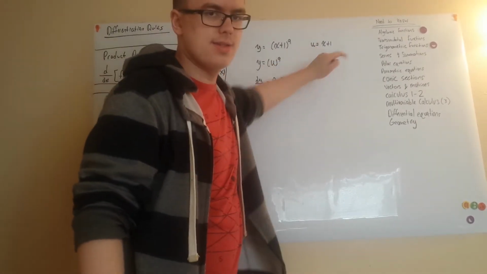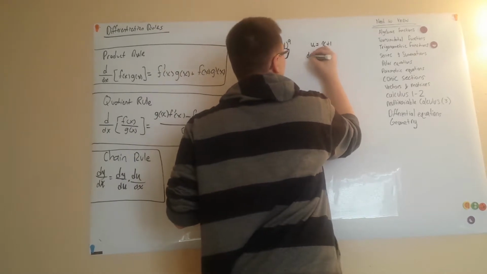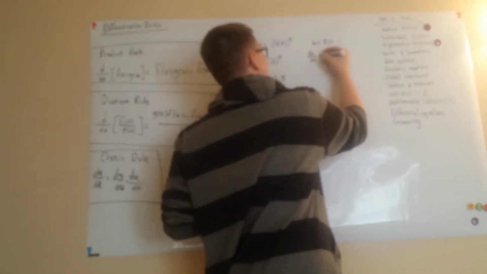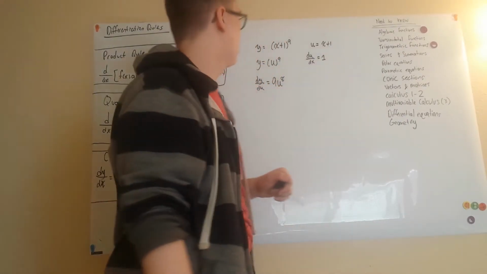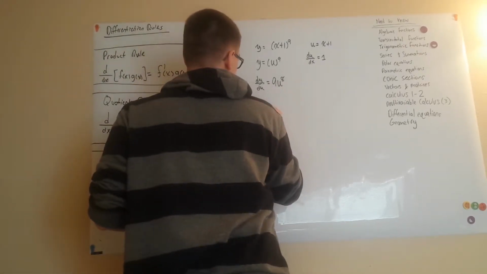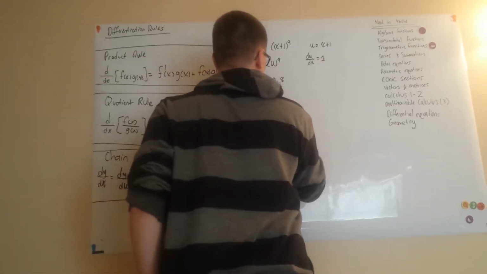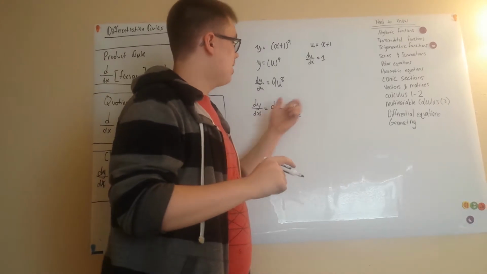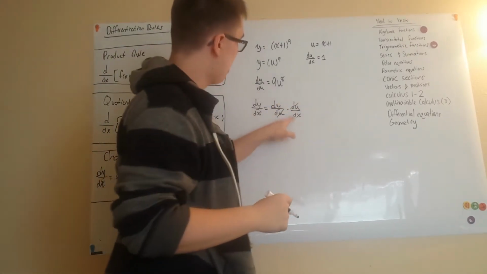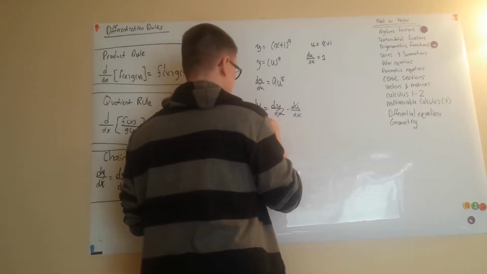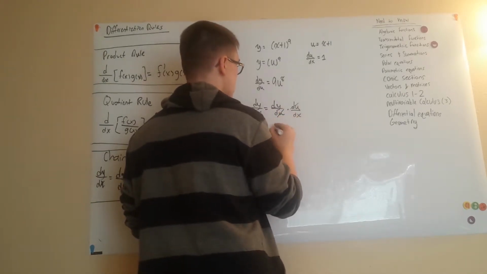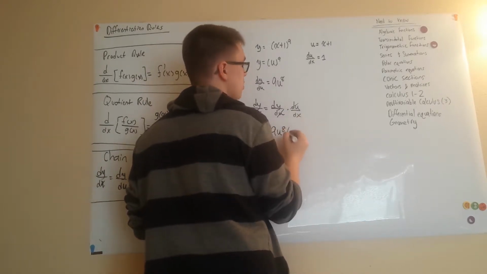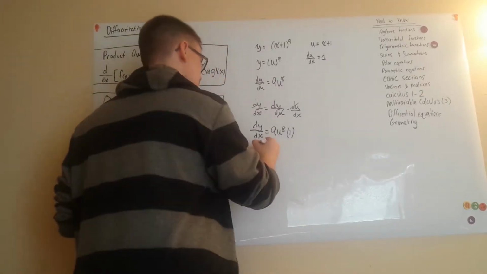This is our u's and our x's. So the derivative of u with respect to x equals 1. dy/dx equals dy/du times du/dx. These du's cancel out and we get dy/dx.